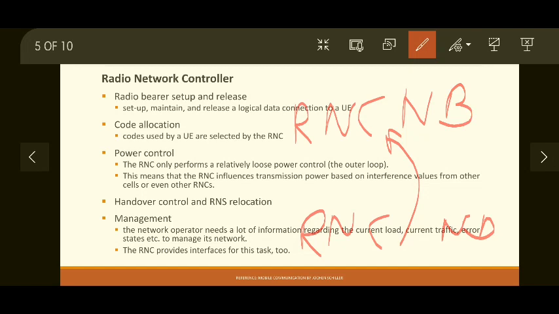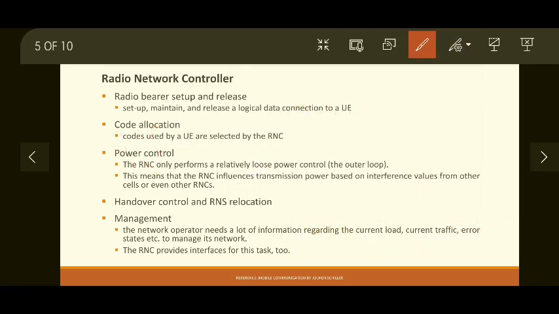And if the user changes the entire RNS, that is the radio network subsystem, then in that case also handover is carried out by the RNC. Okay, so that is RNS relocation.